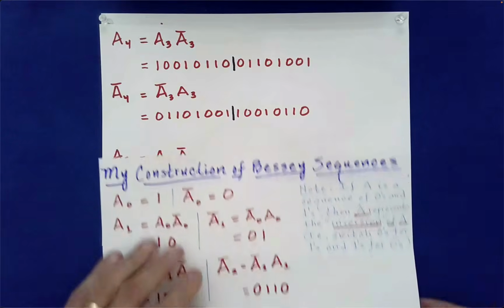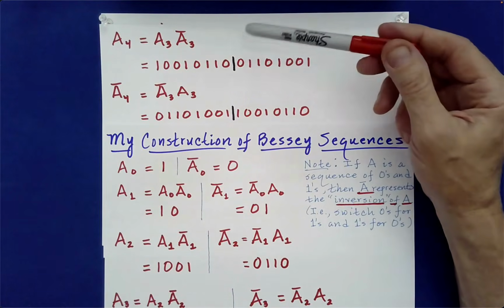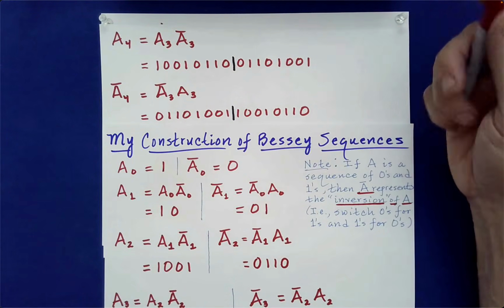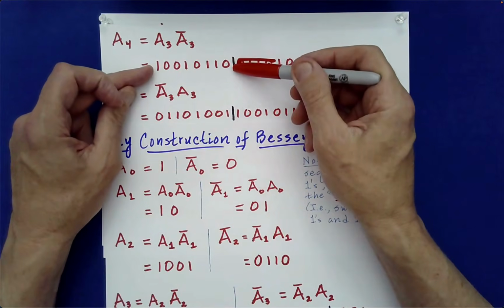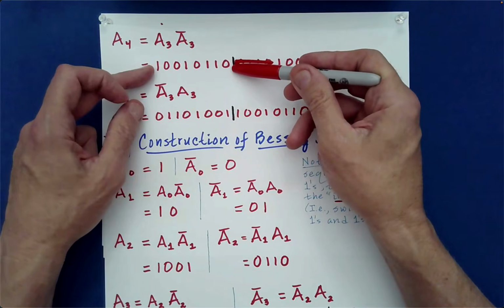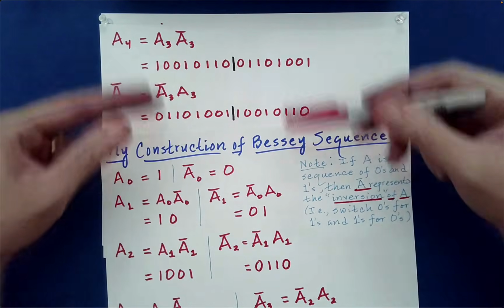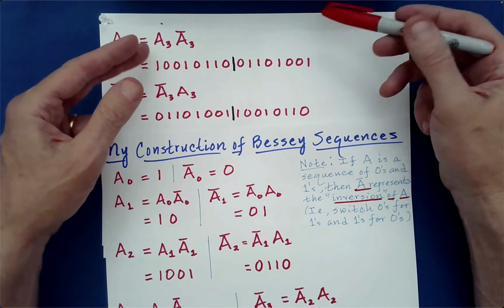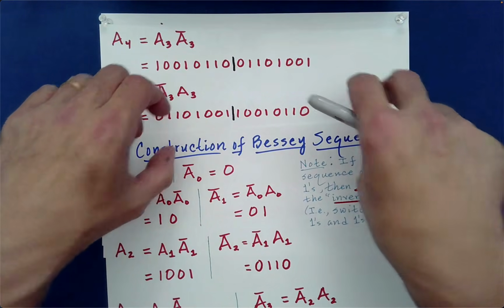Now, if we continue this construction, for a sequence of length 16, we will take the ordinary Bessey sequence, there it is, and then we will concatenate it with its inversion. That's all we're doing. You're always taking the previous sequence and you concatenate it, which just means put them next to each other, with its inversion.